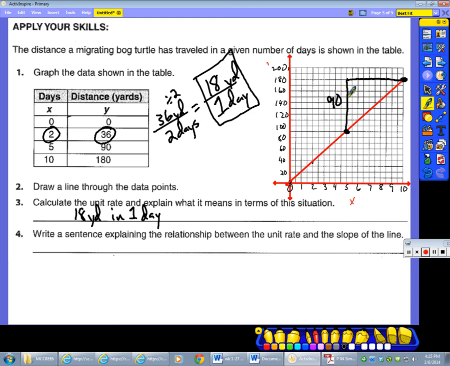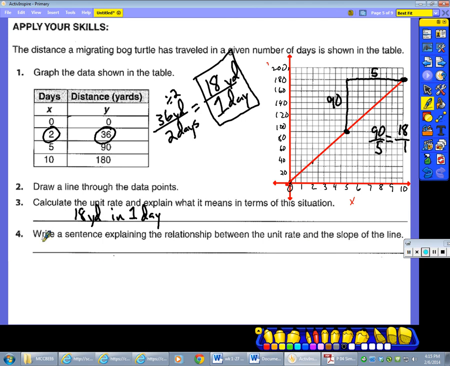And from 5 over to 10, that has a run of 5. See, that's my scale from 5 to 10. So I rose up 90 places, and I ran over 5 places. So that means that my slope here is 90 over 5. Well, that will simplify. You can divide both by 5. It will simplify to 18 over 1.